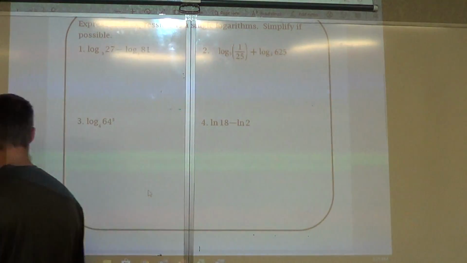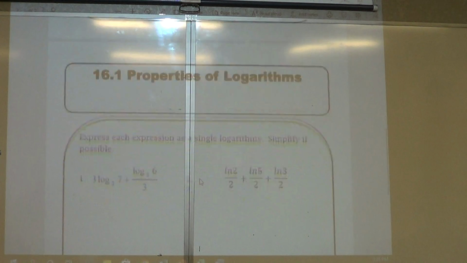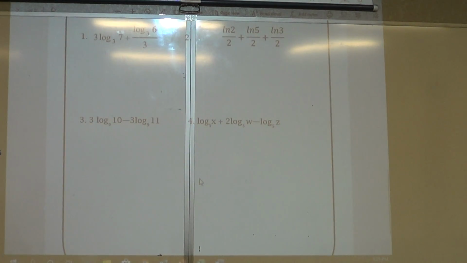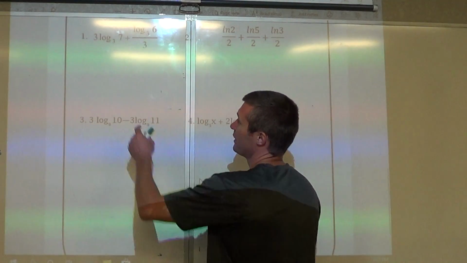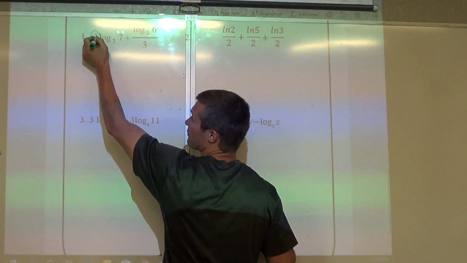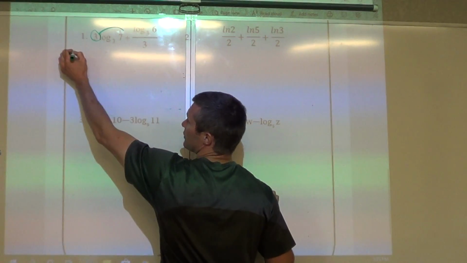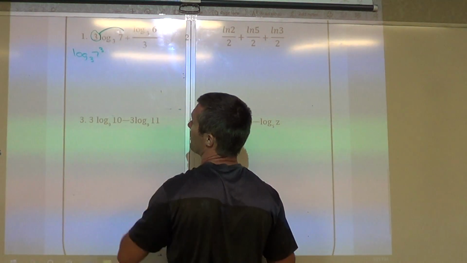When we go to a couple more complex ones as far as combining things. So we go to these two, so we'll have these. Anytime I come through here, log base 3, if I have a number out in front, that's going to become an exponent. So that's log base 3 of 7 to the 3rd power.